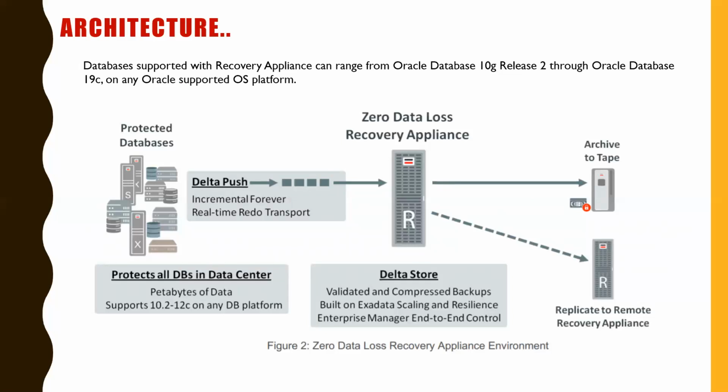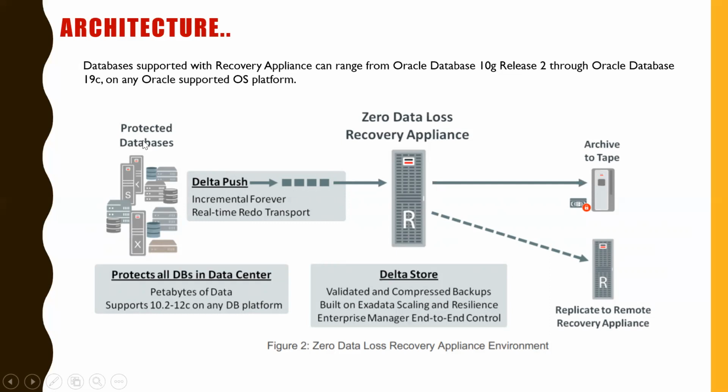platform. You can see this is the architecture of the recovery appliance. It looks like an Exadata, where in Exadata you see an X logo here, and the recovery appliance they have named with an R. From the recovery appliance, on the left side there are a couple of protected databases.